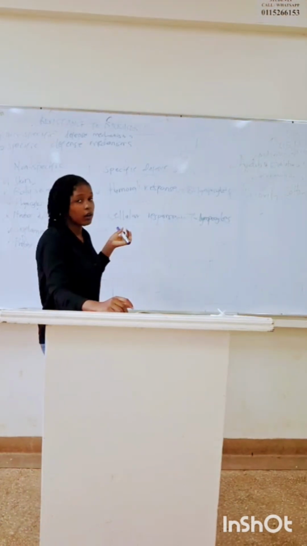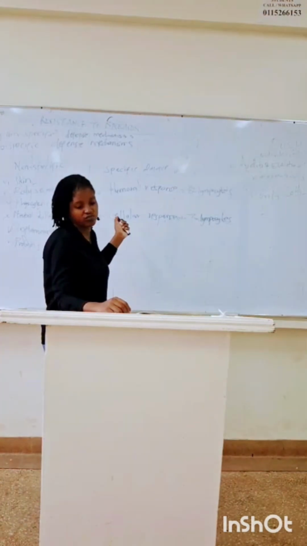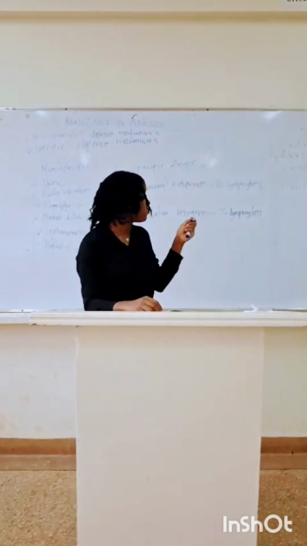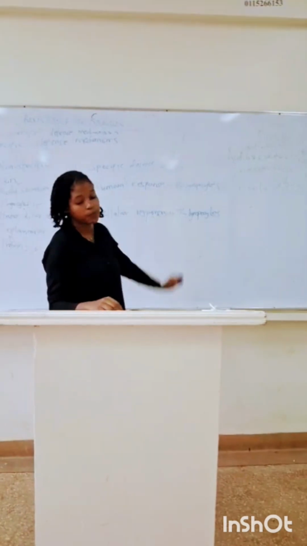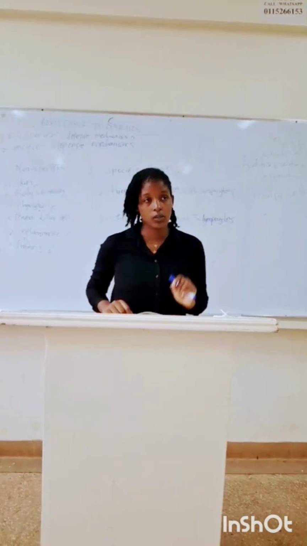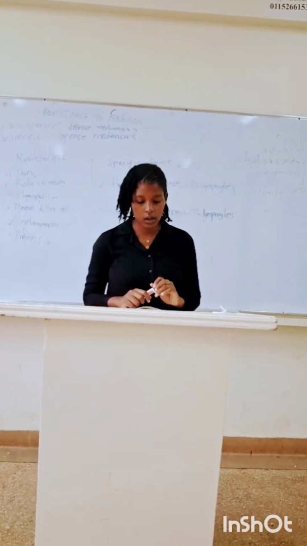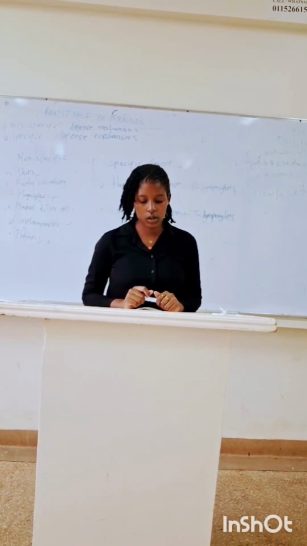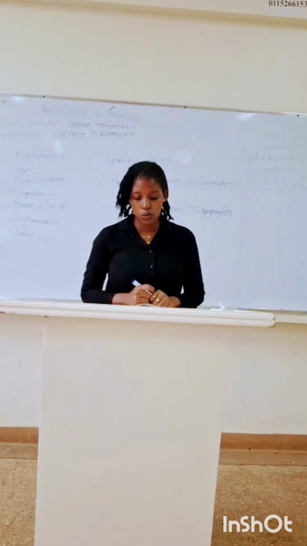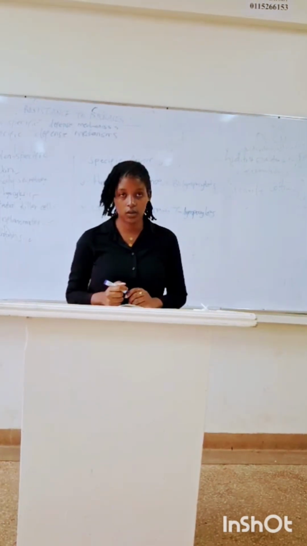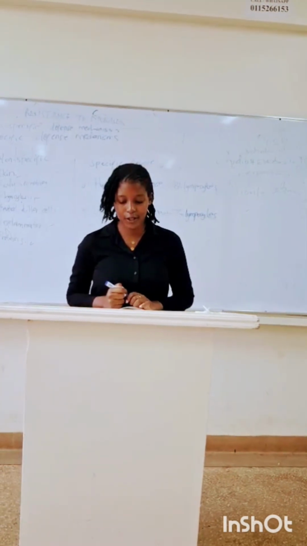The humoral response is mediated by B lymphocytes, which produce antibodies. Those antibodies are found in the serum, and they are used against bacteria and viruses that have not invaded cells.